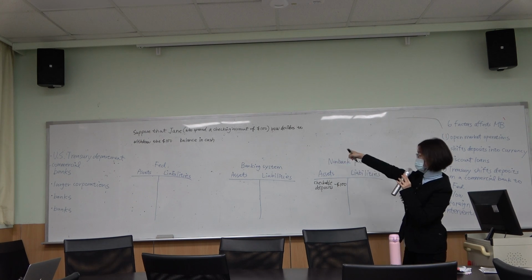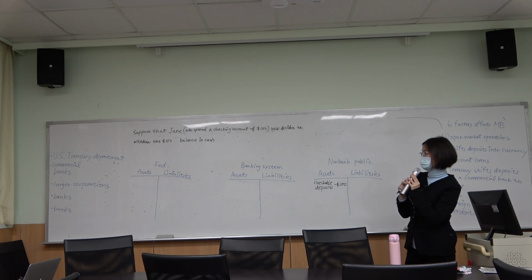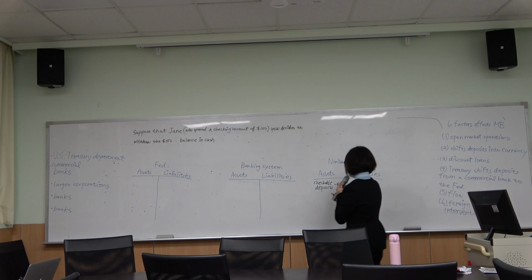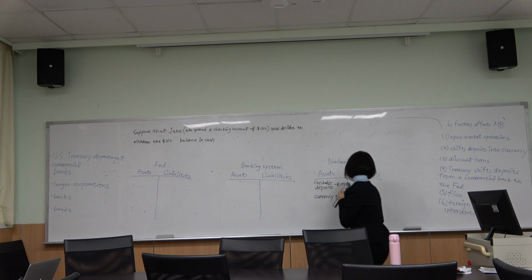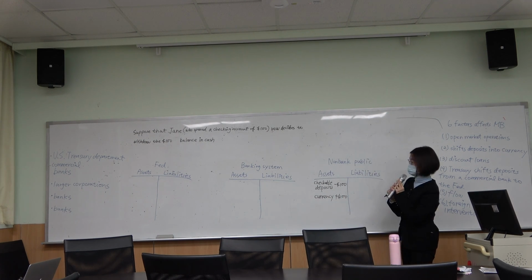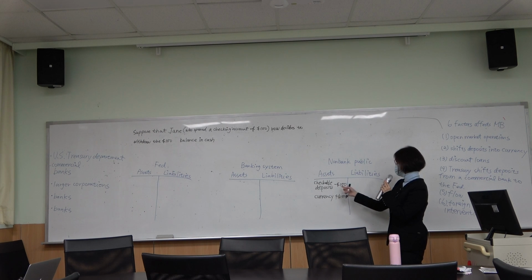But she now withdraws the $100 balance in cash, so she shifts the deposit into currency. After she withdrew the $100, she has $100 more in cash. But meanwhile, she has a decline of $100 in her checking account.